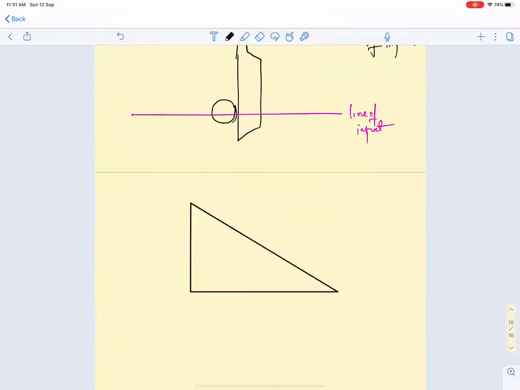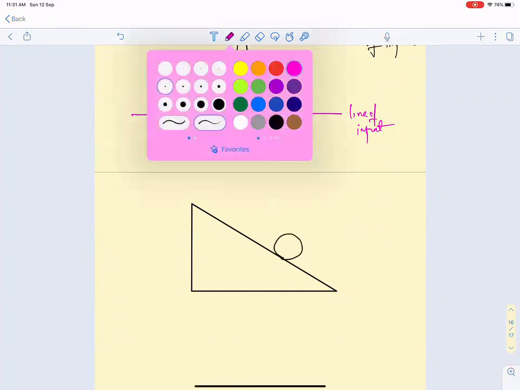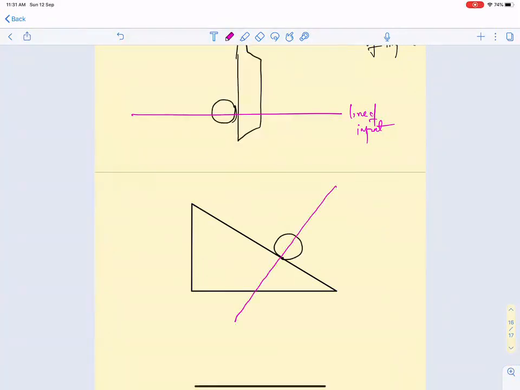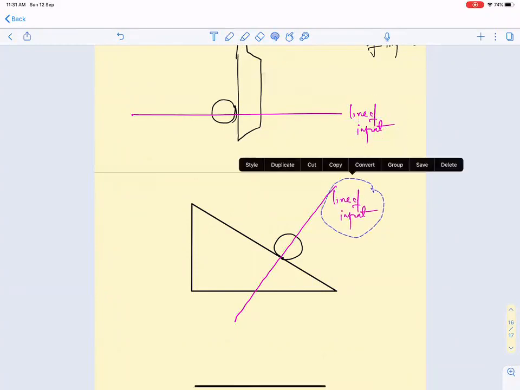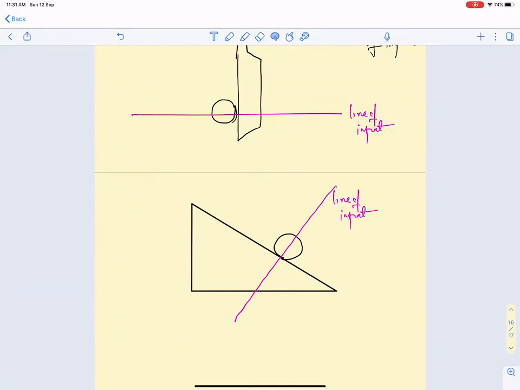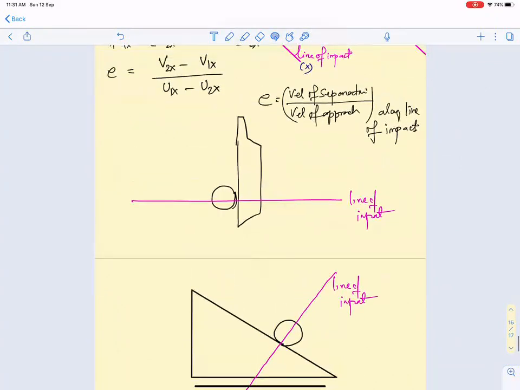Say an inclined plane and a ball collide. Obviously, this is the line, the common normal between the ball and the incline. At the region of contact, the common normal drawn is the line.